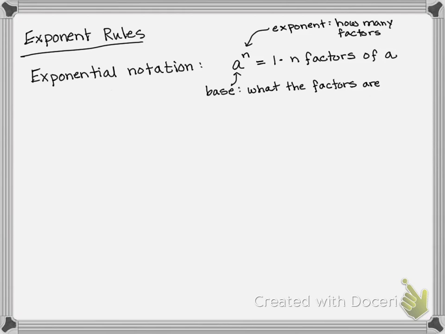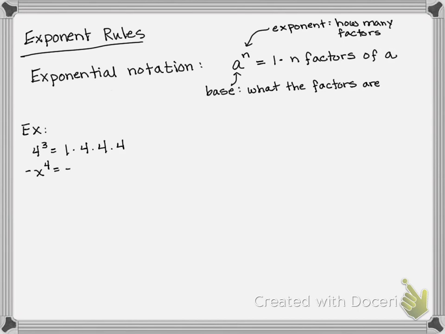So just a couple of examples. Let's see, so 4 to the third, we would think of as 1 times 3 factors of 4. A couple kind of funny ones. We have negative x to the 4th. So that x to the 4th is 1 times 4 factors of x, right?